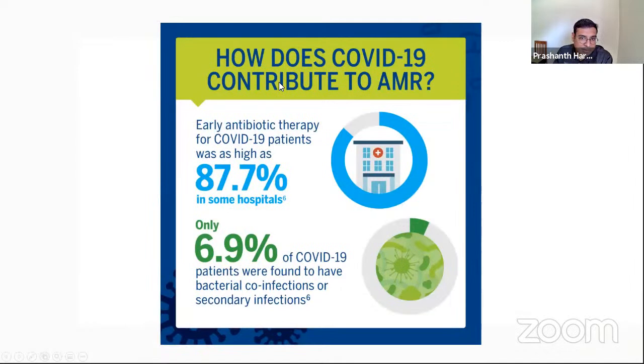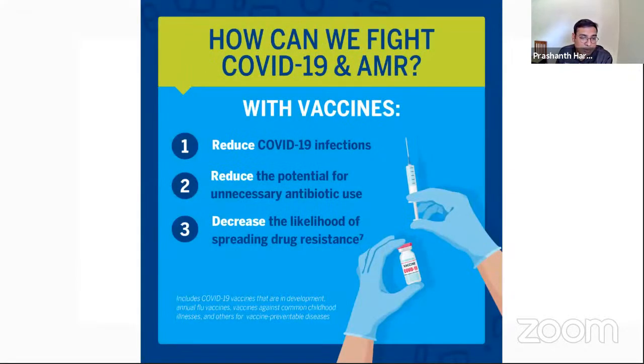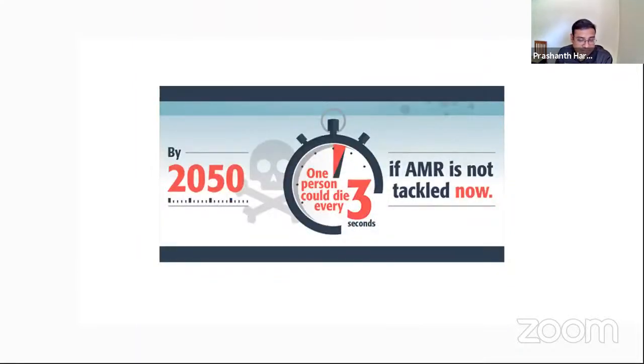So what are the ways? The only way is not to prescribe antibiotics when you know for sure it is of viral origin. You can see that 87.7% of hospitals prescribed antibiotics, where only 6.9% were accounted for secondary infection or co-infection. The only way we can fight is to reduce COVID-19 infection and unnecessary use of antibiotics, and decrease the likelihood of spreading drug resistance.